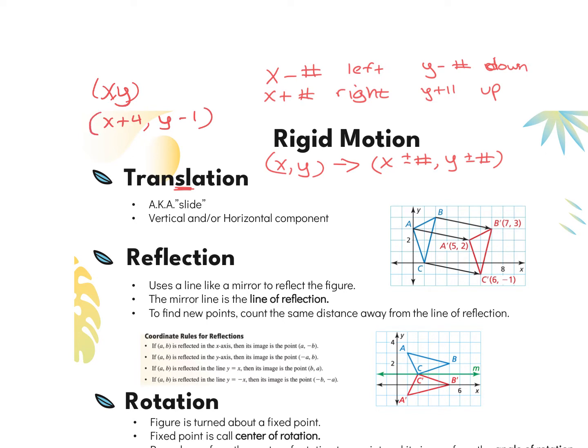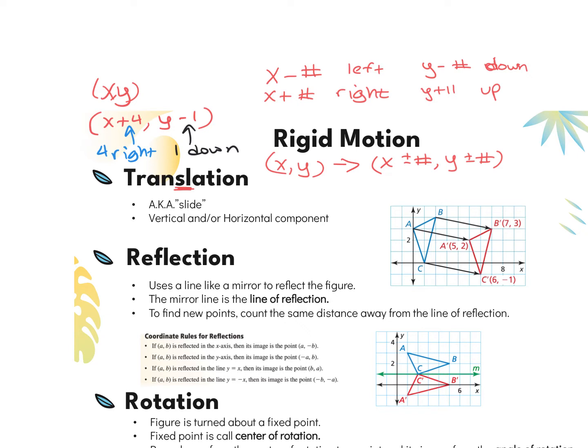The plus 4 would tell me I would be shifting it 4 units to the right. And then the minus 1 would be 1 unit down. So you'll be given some type of rule of what they expect you to do to each part of the ordered pair. So this would be a slide.